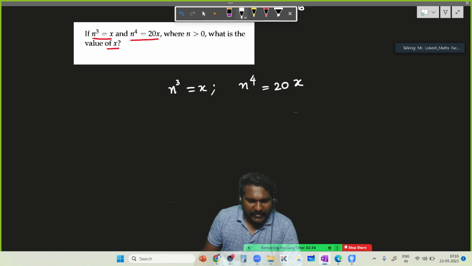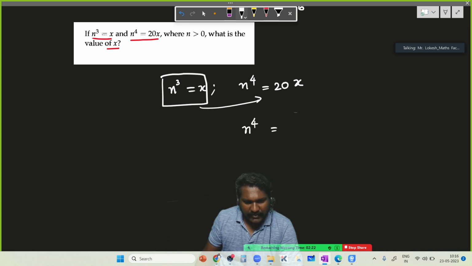So what I'll do is, I'll write this x is equal to n cube in equation 2. I'll substitute the value of x in equation 2. Then that will become n power 4 is equal to 20 times x, but in place of x I can replace x as n cube.